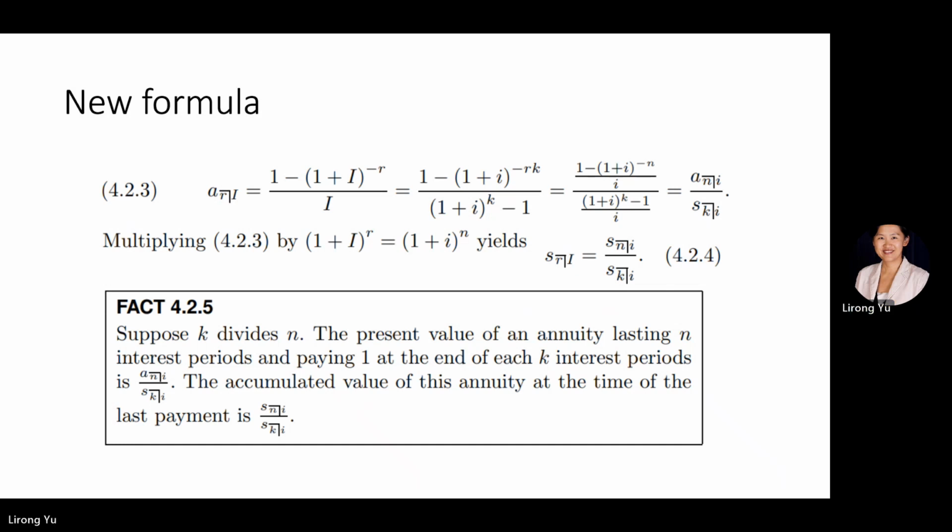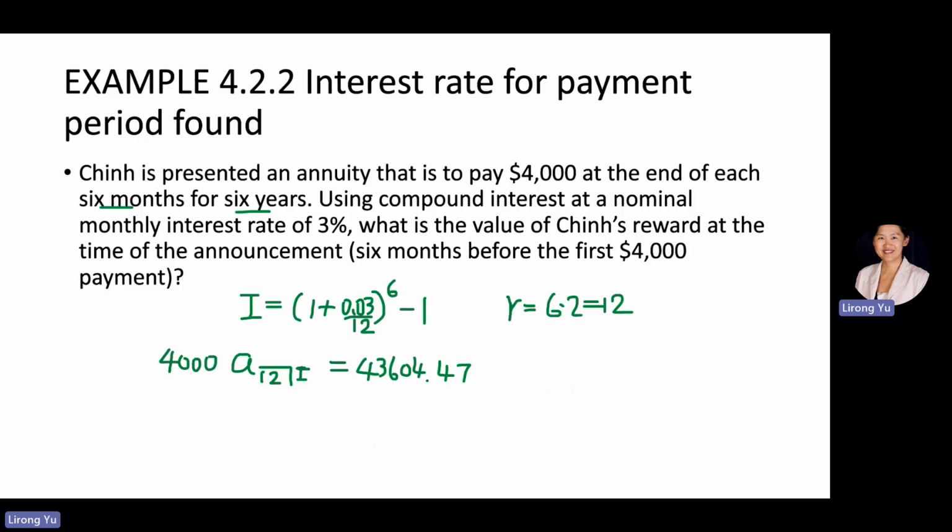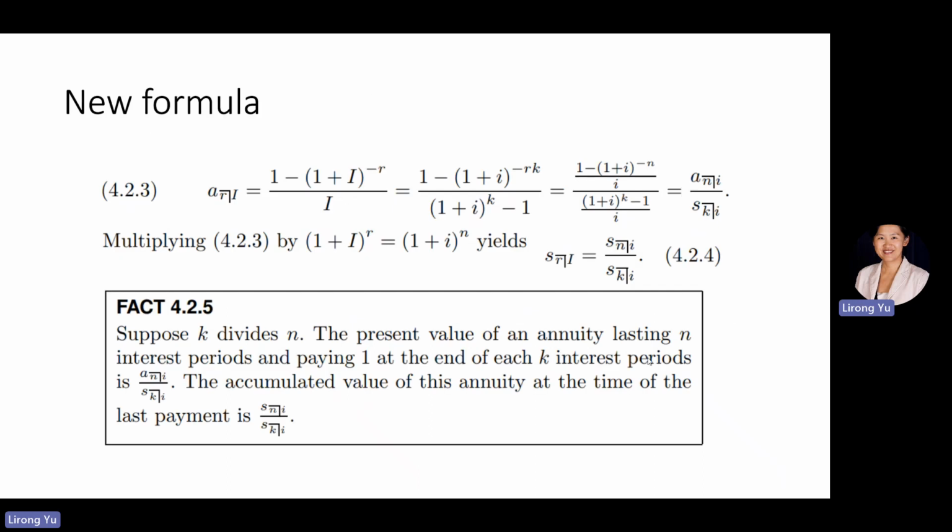n is the number of interest periods. In this case, n equals every month, 12 times 6, which equals 72 in this question. N is the number of interest periods, and K is the length of the payment period.